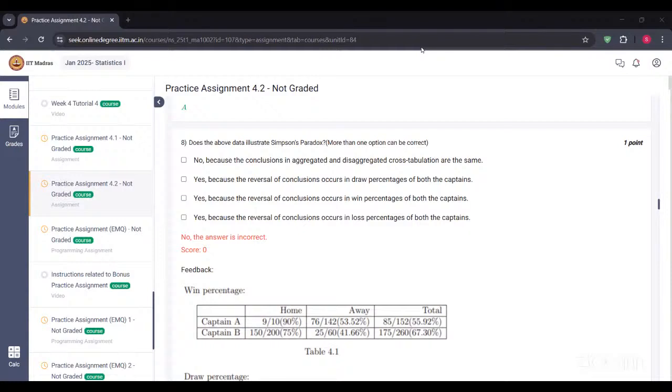Nobody's having any doubts? At least one of you say, if you are not having any doubts, at least say yes or no, something.